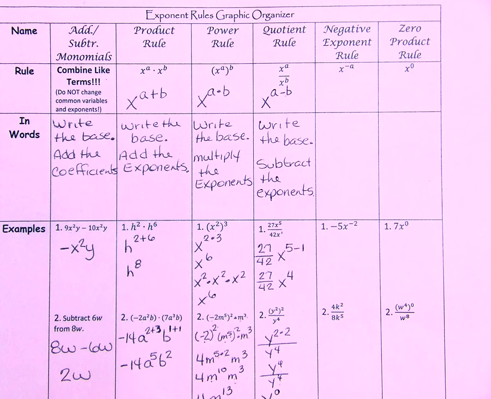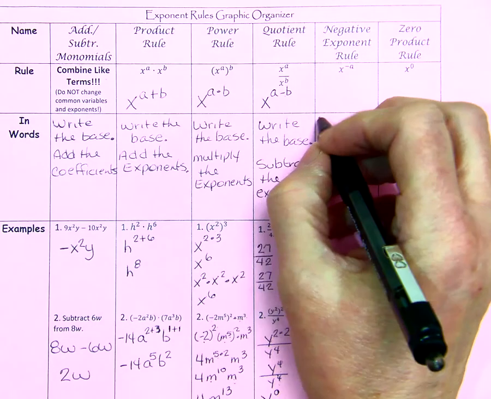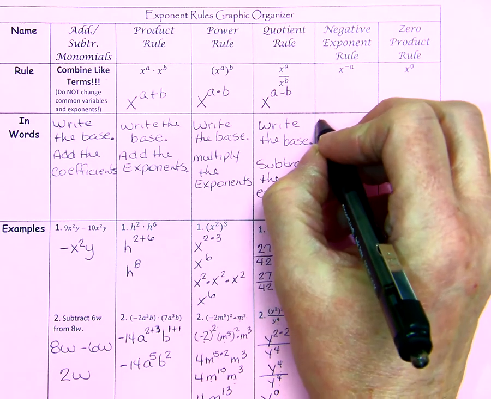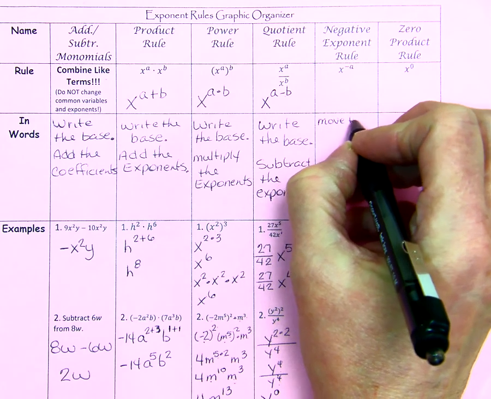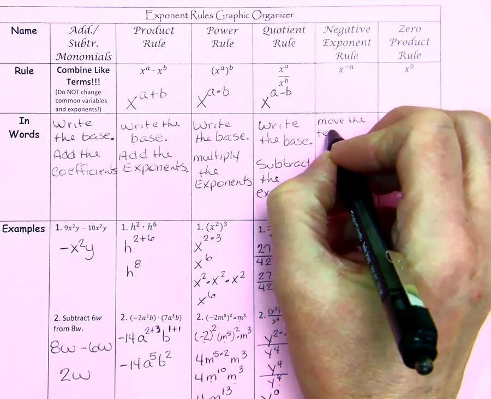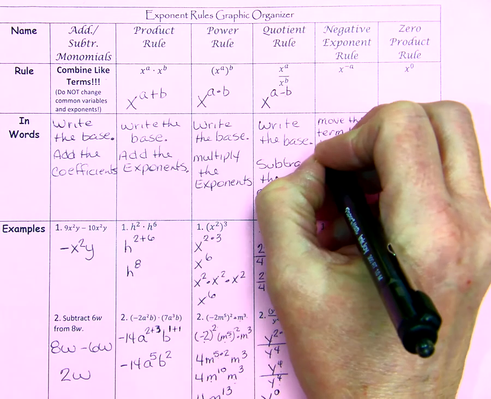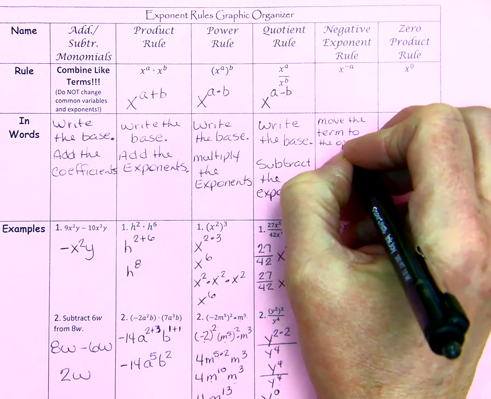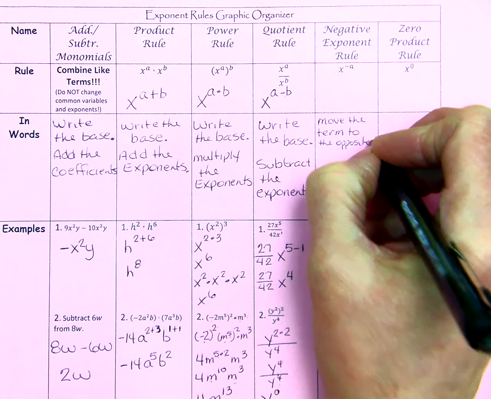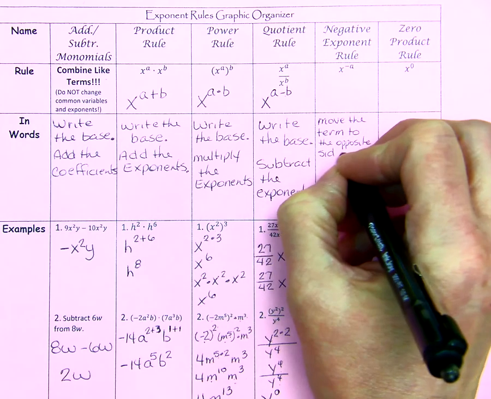So when an exponent is negative, we are going to move the term to the opposite side of the fraction bar.